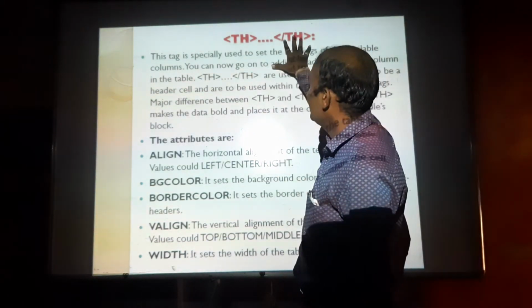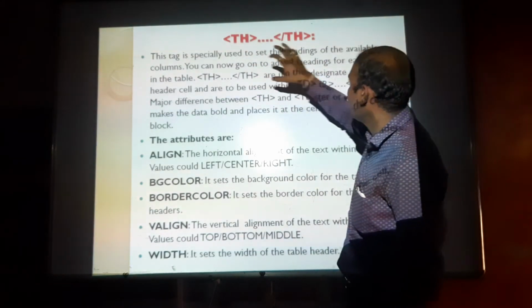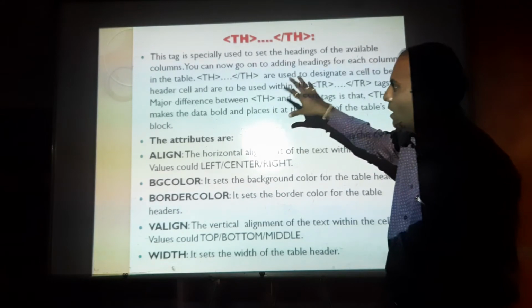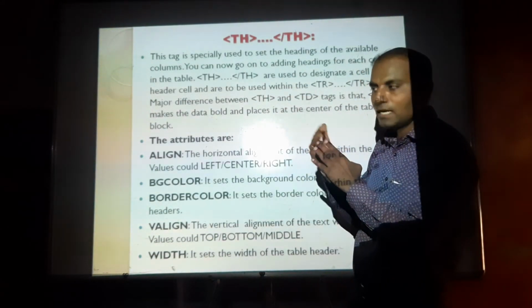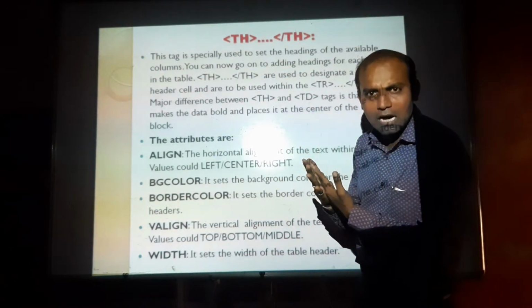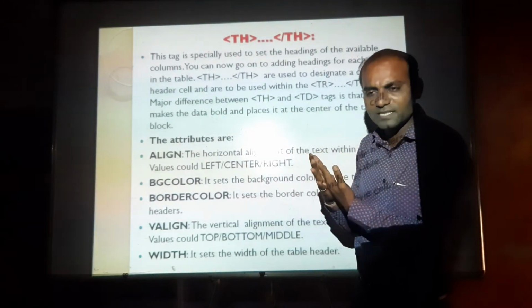The next is the TH. It is used to specify the heading for the table. We always use table headings like serial number, name of the student, class, subjects, percentile.